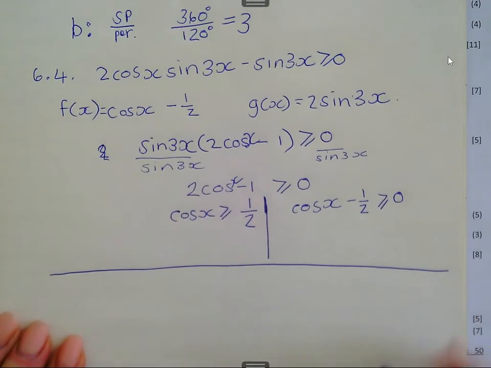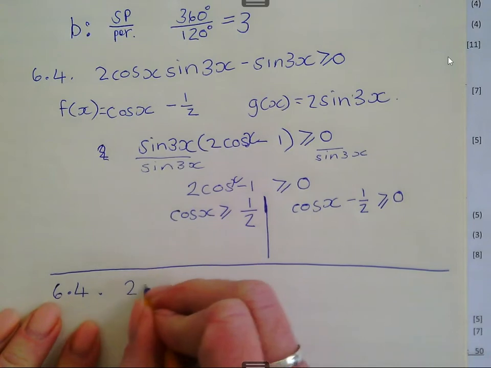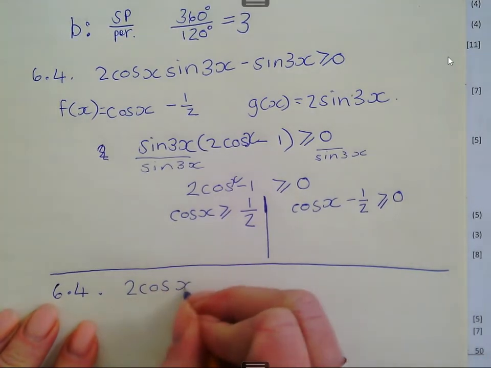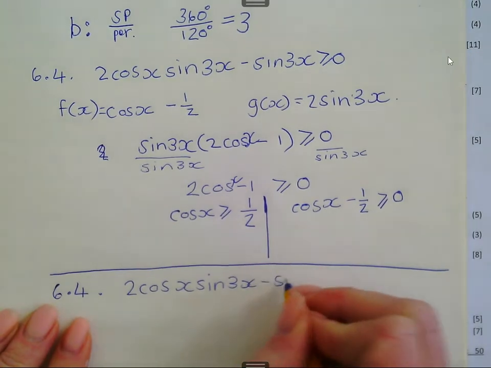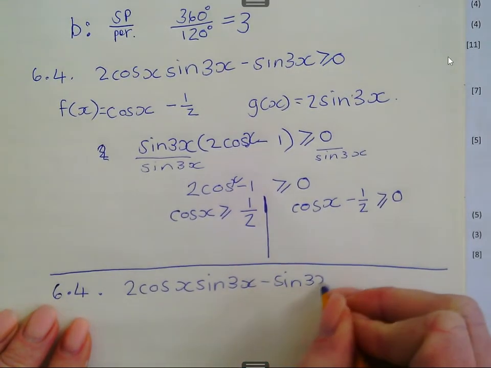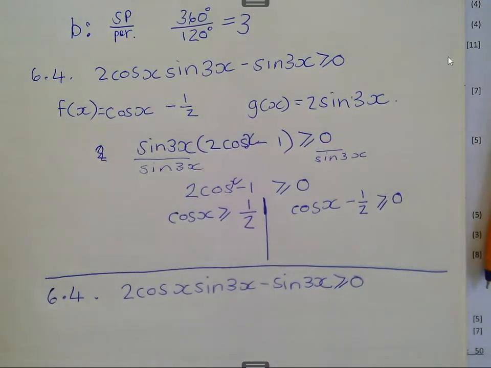You can copy everything, and then we're going to do 6.4 again: 2 cos x sin 3x minus sin 3x greater than or equal to 0. The question says use your graphs.